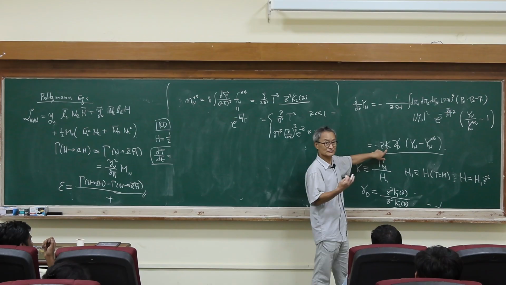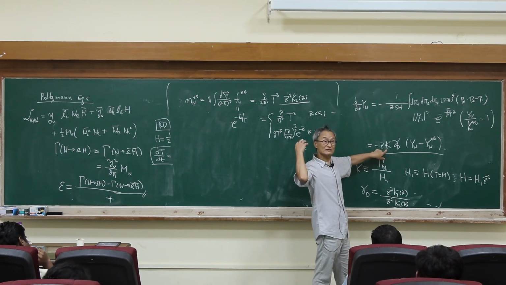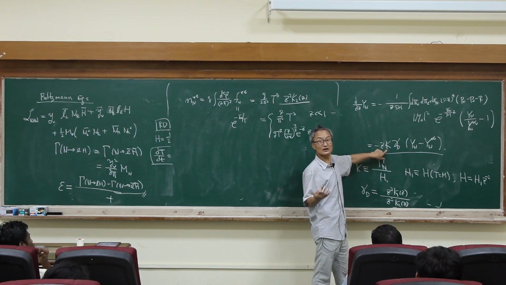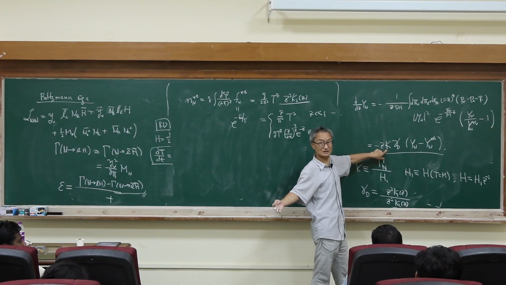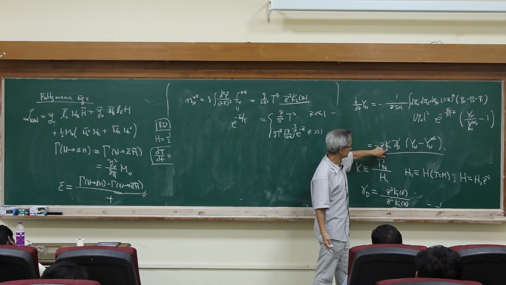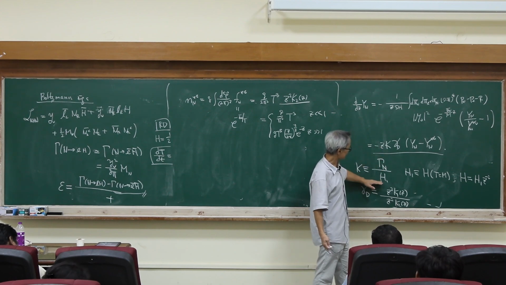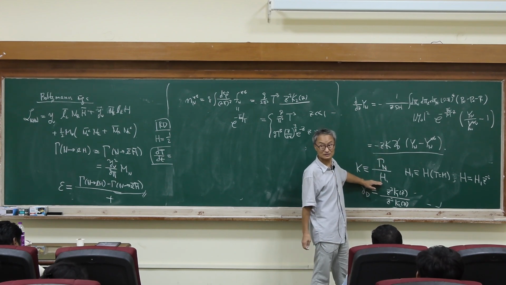If you do this, we did it in the first lecture. The stronger the interaction, the longer it will remain in thermal equilibrium, following the Boltzmann distribution, and then finally, when it decouples, the number density reduces, right? So the reason why we define this dimensionless quantity K is to see this kind of structure.